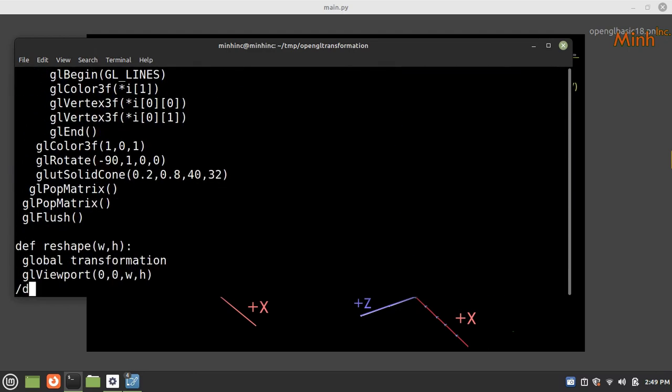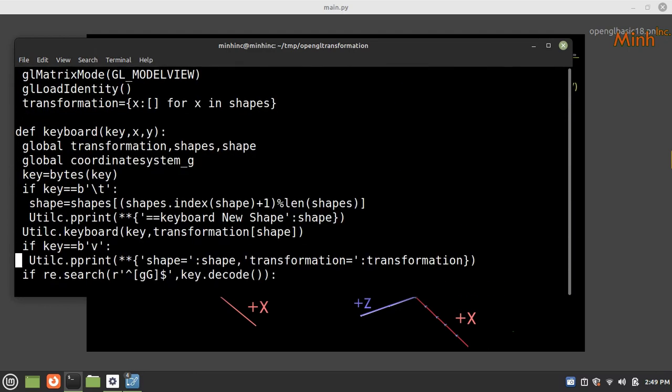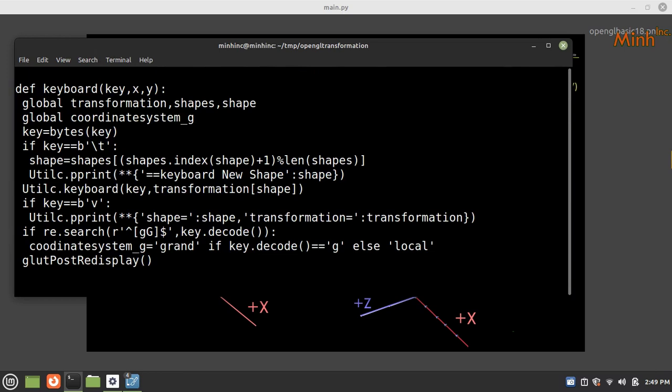Okay, so we'll see the def keyboard. What's going on? I'm pressing G. If I research the G key decode, coordinate system G should be equal to grand if key dot decode is G, else it should be local.